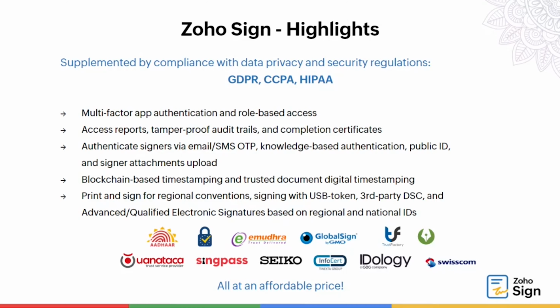And the cherry on the top is that Zoho Sign readily integrates with your in-house apps using our REST APIs, webhooks, and mobile SDKs. Zoho Sign also offers multi-factor authentication, tamper-proof audit trails, blockchain timestamping, and certificate of completion.